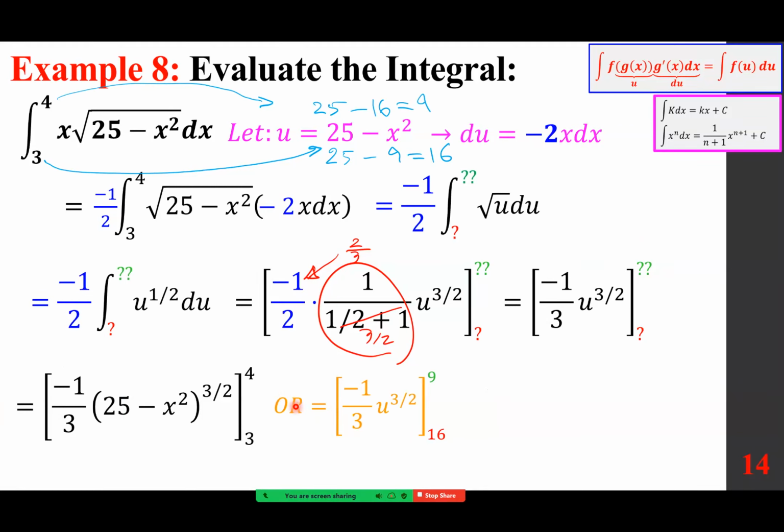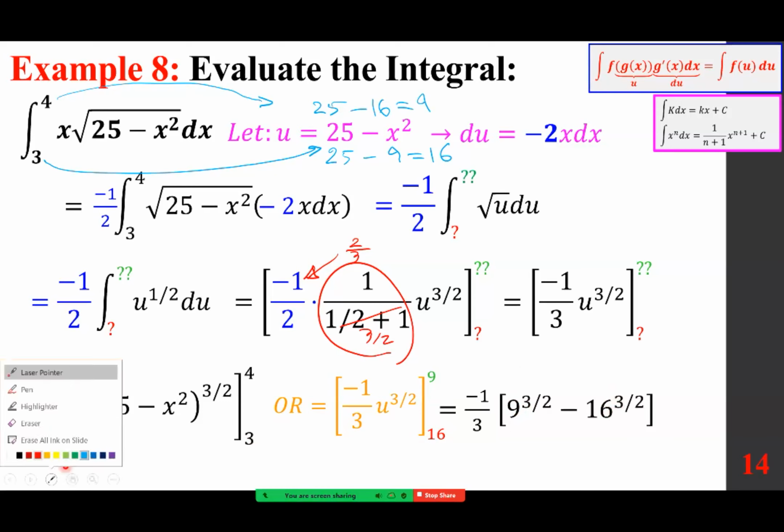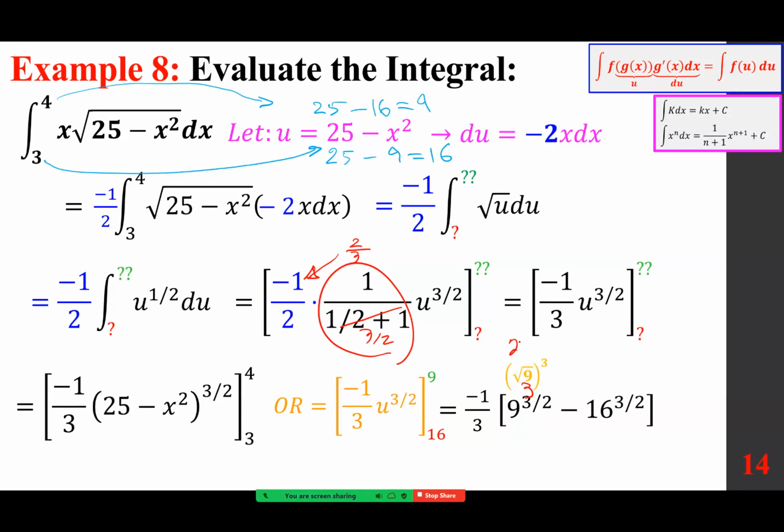So I'm going to keep the negative 1/3 out. Again, everything that I'm going to do is just basic math, elementary algebra. So 9 to the power of 3/2 minus 16 to the power of 3/2. This means square root of 9 cubed. This means the square root of 16 cubed. Square root of 9 is 3. 3 cubed makes it 27.